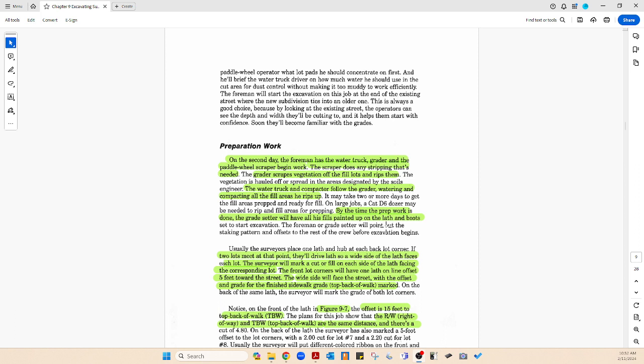The scraper operator, especially because he's moving pretty fast, will be able to say when he makes his next pass, he drops a lift. When he makes his other pass, he can come around and see on his way to each stake how far down he is, or if he's above the orange, he's going to have to cut it back down to where the orange paint stopped. So that's just another way that he'll have that paint for the operator, and then he'll mark his own boot for himself so he can check grade himself with a hand level, telling the scraper operator you need to go up or down.